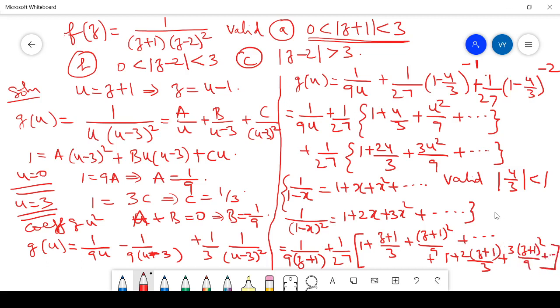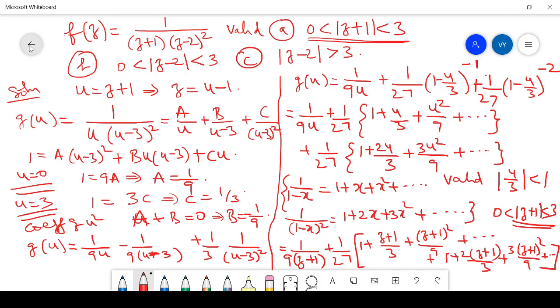And of course, this is valid in the interval 0 less than mod z plus 1 less than 3. So whenever you require an expansion in terms of z plus a, you substitute u is equal to z plus a and try to complete it.